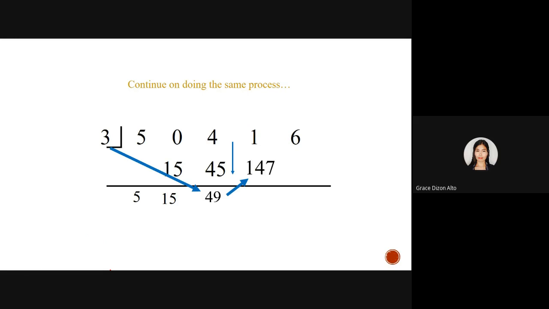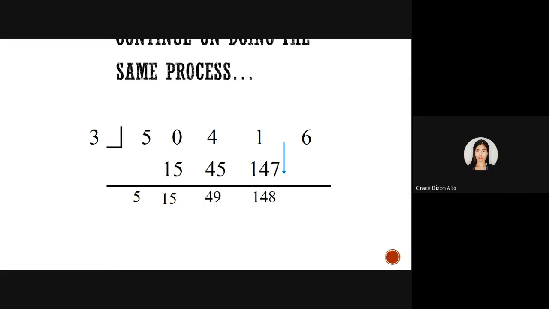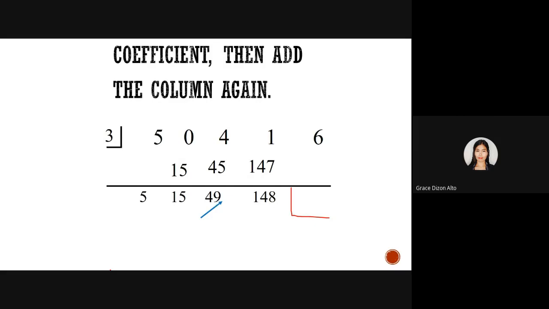We add 147 and 1, we have 148. Multiply again, 148 times 3 is 444, and the final sum would be 450. Remember, 450 at the end of our column is our remainder. This will be our quotient, and this will be our R of x.